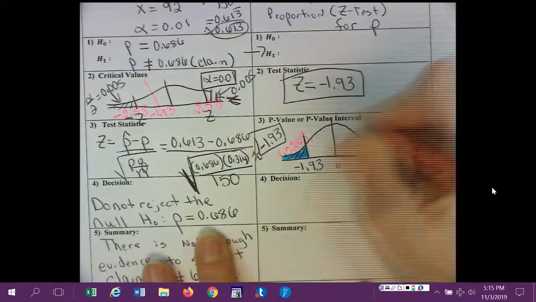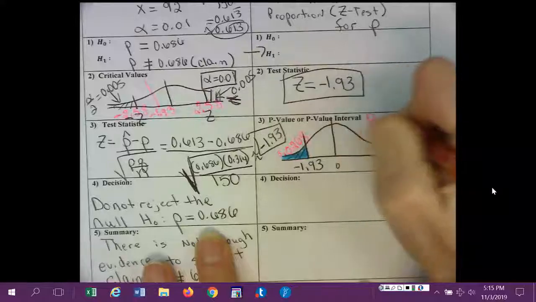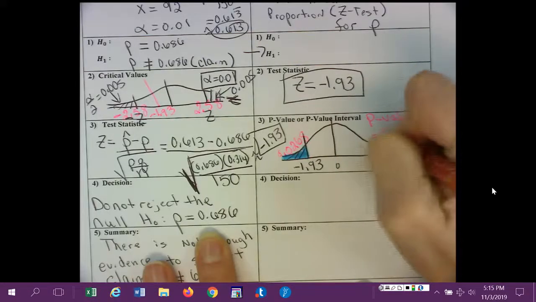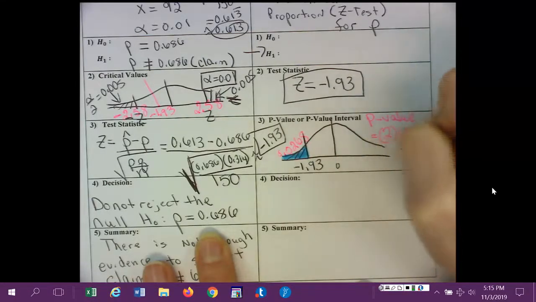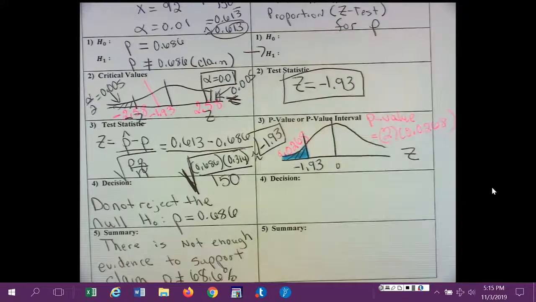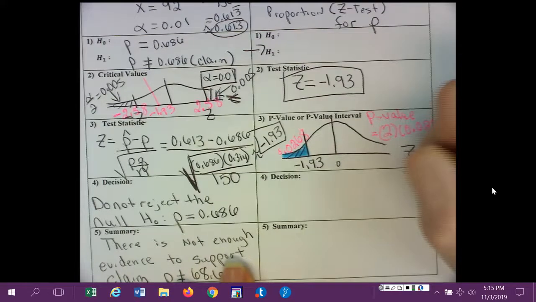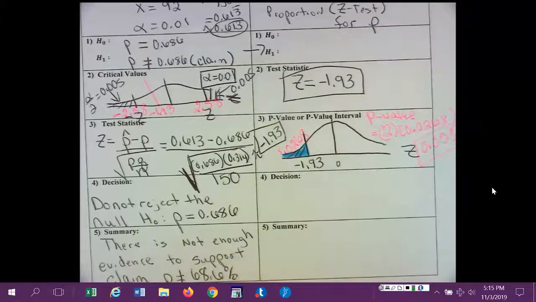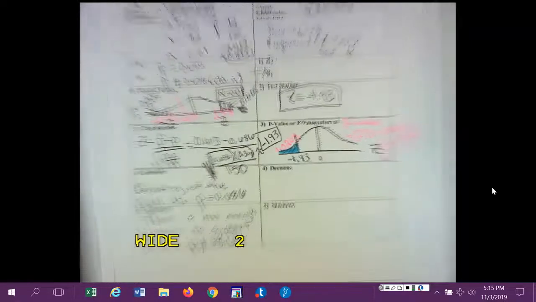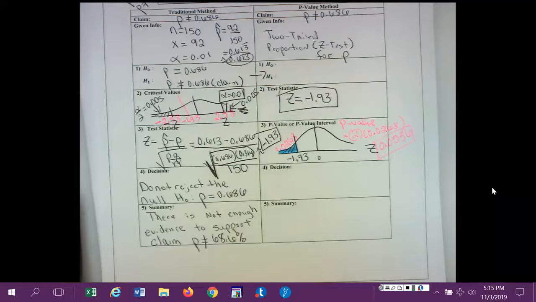So the p-value final answer is 2 times 0.0268. And that is 0.0536. There's your p-value by hand using the two-page z-table. 0.0536.